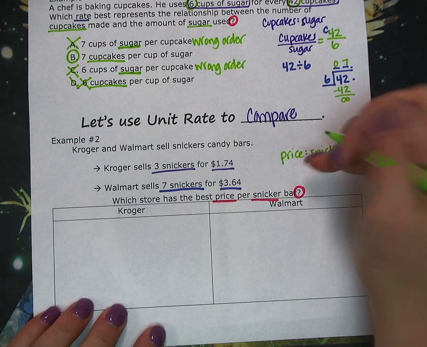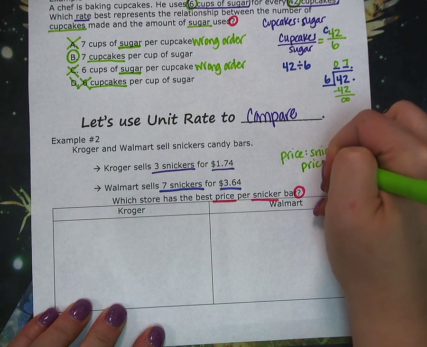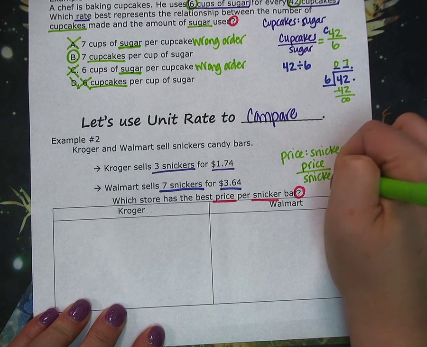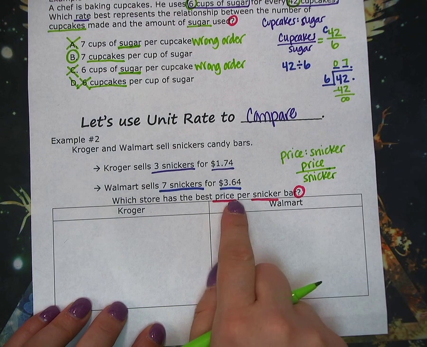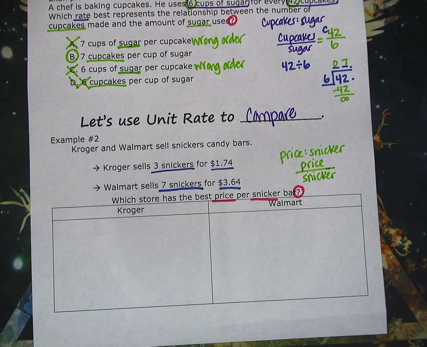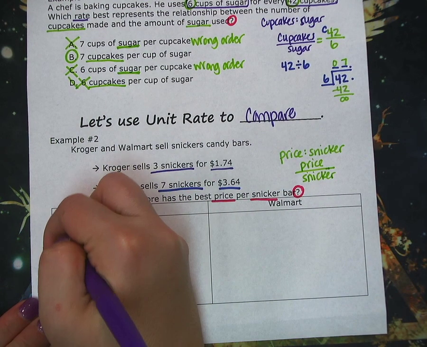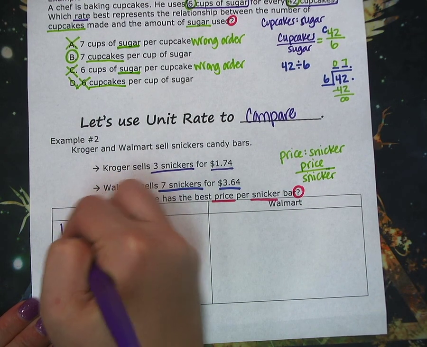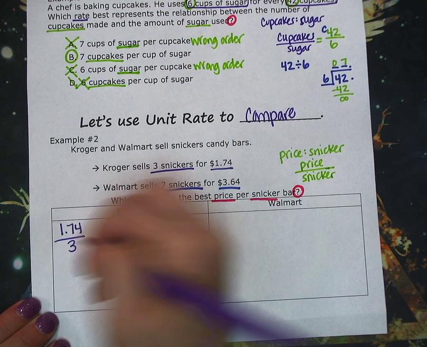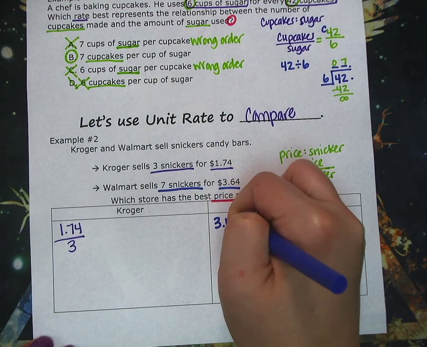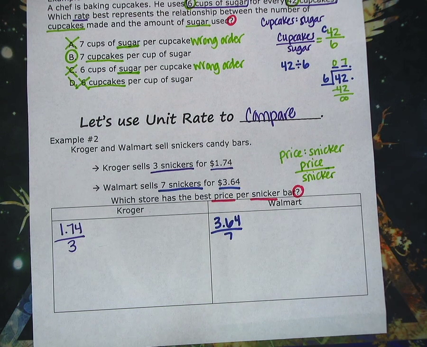Again, if I don't want to write it like that, I can write it like a fraction, price on top, Snicker on bottom. And again, this order comes straight from my question. So let's set up Kroger and Walmart the same. Starting off, Kroger, we're going to start with our price, $1.74, and that's for 3 Snickers. All right, Walmart, $3.64, and that's for 7 Snickers.